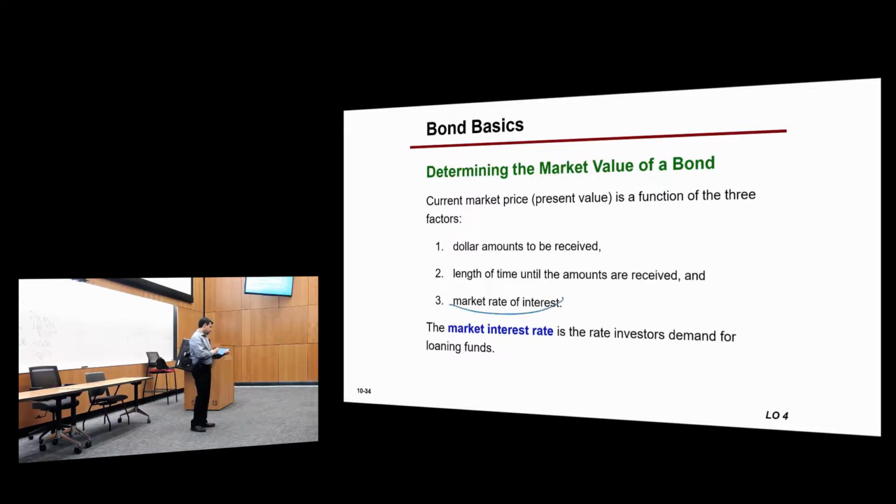The market rate of interest is basically what other lenders in the market are asking for. In other words, for other similar bonds in the market right now, how much are they getting on average? So this is the market interest rate.